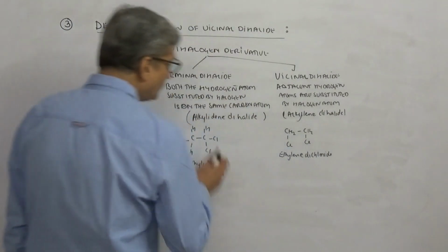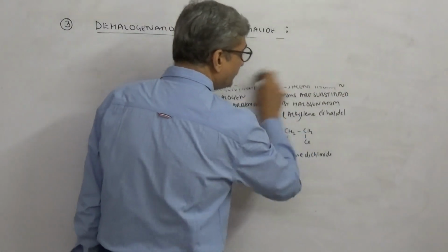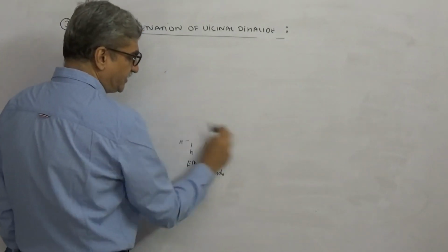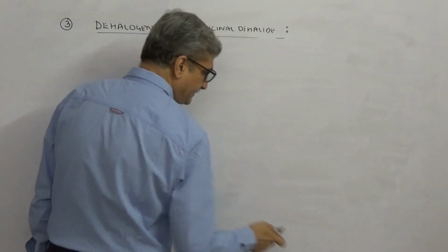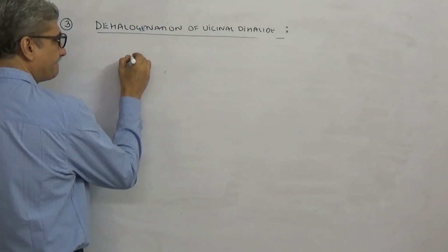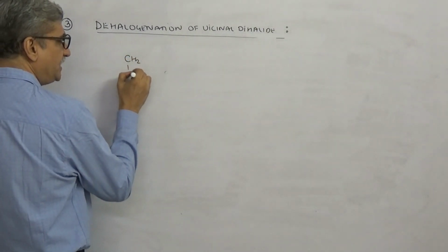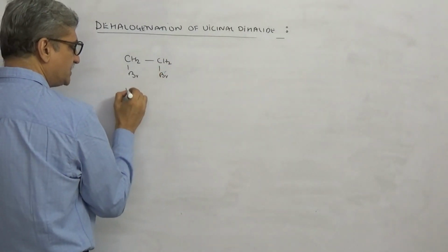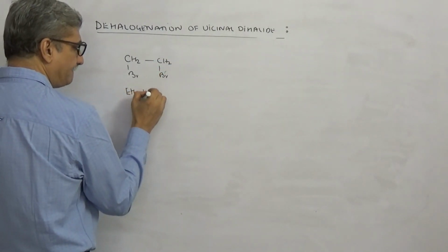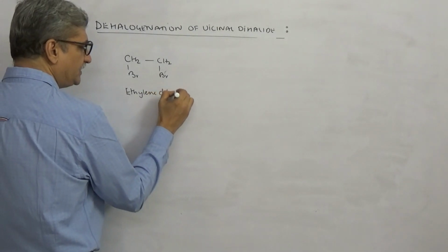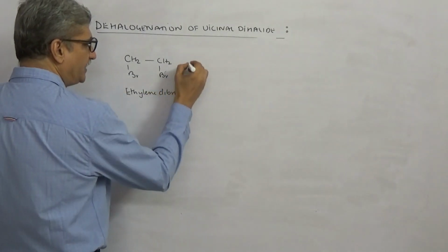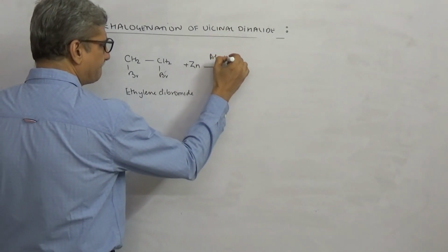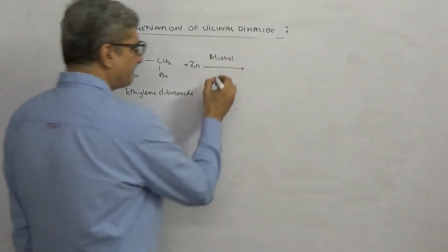So what would be the dehalogenating agent? It will be simply zinc and alcohol. So what are we going to have? If I take CH2Br, so this is ethylene dibromide, and react this with zinc in presence of alcohol, heat it.